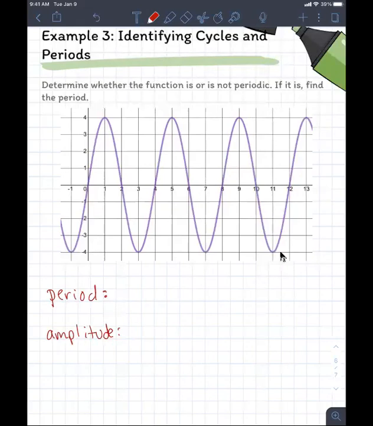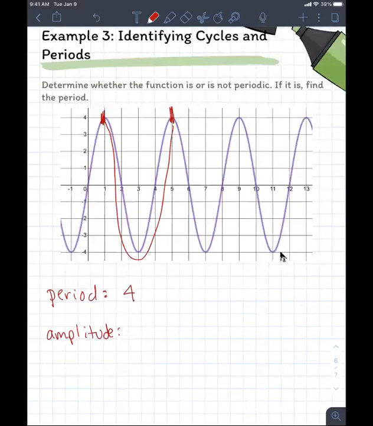How long does it take to repeat from the start of a cycle to the end of a cycle? Jay, Daniel, Alexis, you guys are all correct. If I started the cycle up here, it doesn't really matter where you start it. It's going to go down and then back up, then down and back up again. So this is one whole cycle from 1 to 5. So the period is 4.